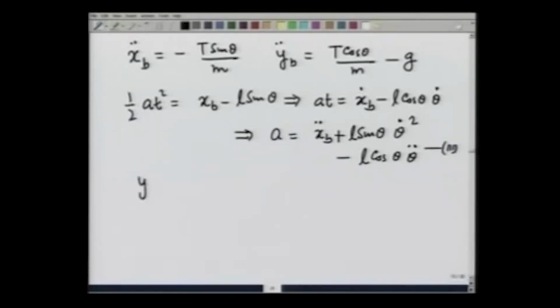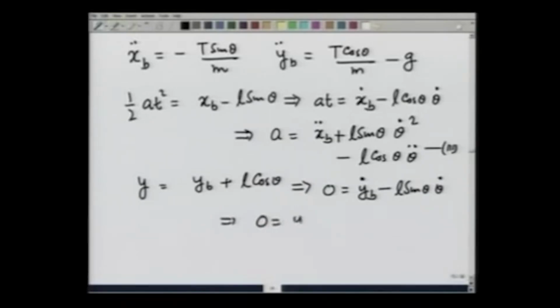Similarly, y equals yb plus L cosine of theta gives me y dot is 0, so 0 equals yb dot minus L sine theta, theta dot. Differentiating it once more, I get 0 equals yb double dot minus L cosine theta, theta dot square minus L sine theta, theta double dot.